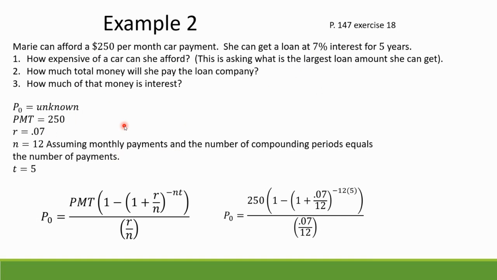Remember, the number of compounding periods in a year is the same as how many payments are made a year, or withdrawals, depending on the context. Here we're dealing with a loan, so it's the number of payments, which is 12 because she's making one per month. And T is 5, it's a 5-year loan. So this is our formula.